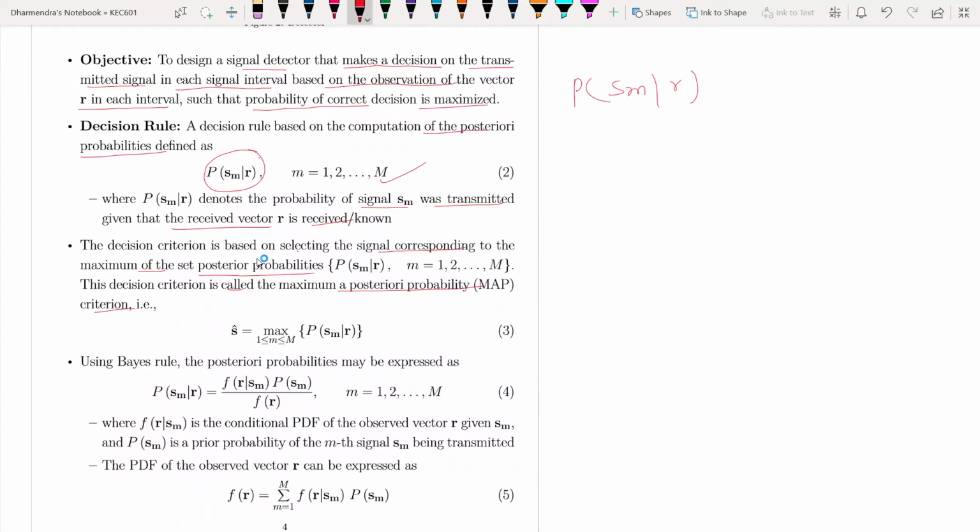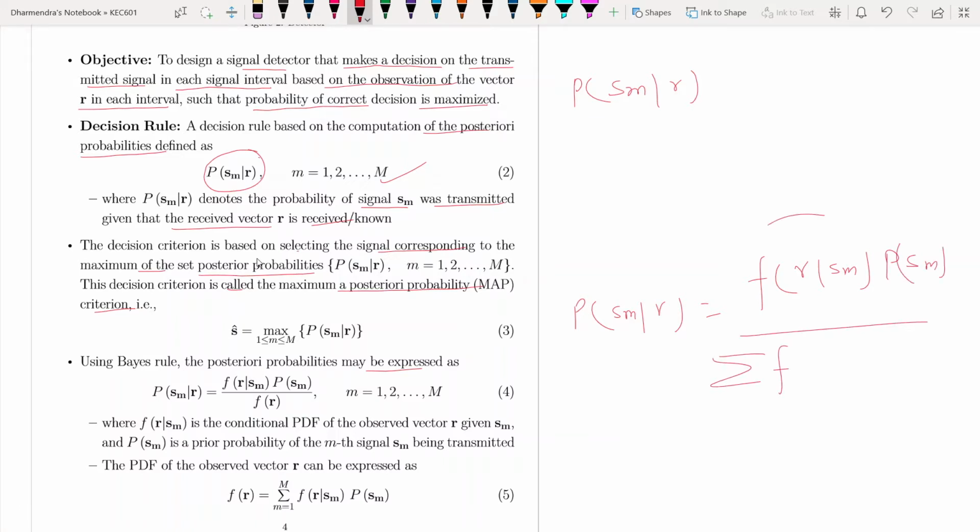So using Bayes rule, Bayes theorem, the a posteriori probability can be expressed like this. The a posteriori probability of Sm can be written as the probability of R given Sm times the probability of Sm, divided by the sum of all this.